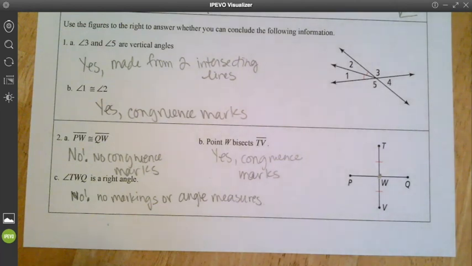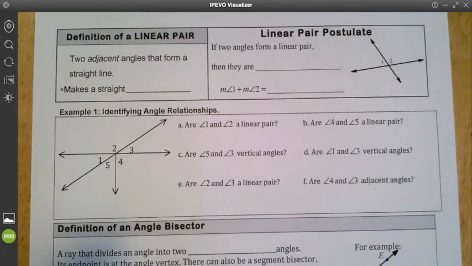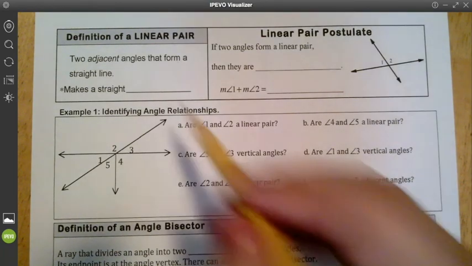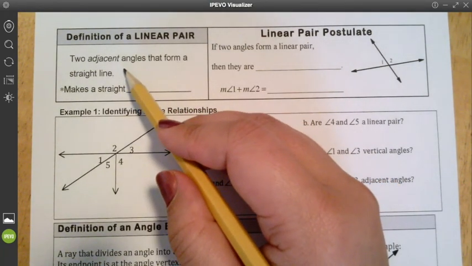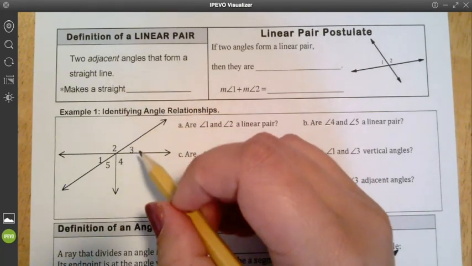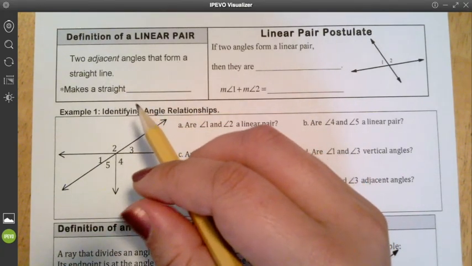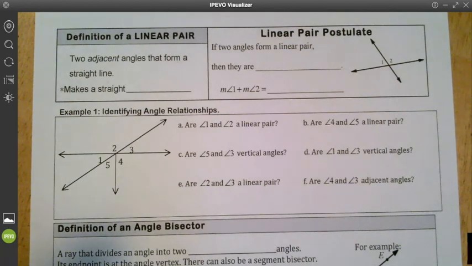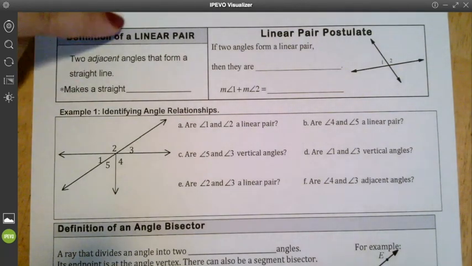All right, let's look at some more postulates. So our next definition that we want to look at is the definition of a linear pair. The way we define a linear pair is that we have two adjacent angles, so angles that are next to each other, that form a straight line. Remember when we were looking at supplementary angles and we said they could be together or not together? Well, if they are together, then they're called a linear pair.